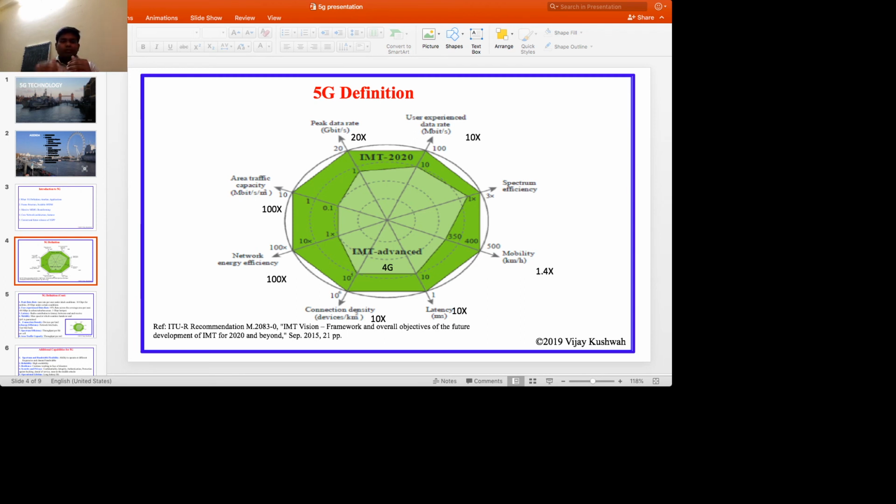You want to go 100 times from 1x. 4G is 1x, and it would be 100x for 5G. Why is there so much emphasis on energy? Because of IoT.